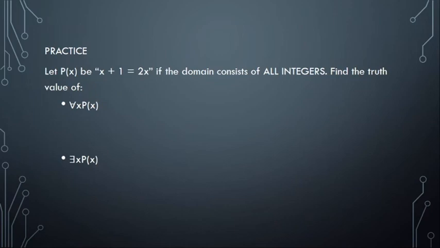Unlike the existential quantifier, where at least one returning true is enough. If we use connectives, the connective for for all is the and connective. Then for the existential, the connective to use is the or connective.